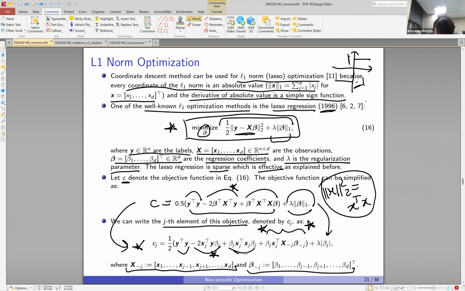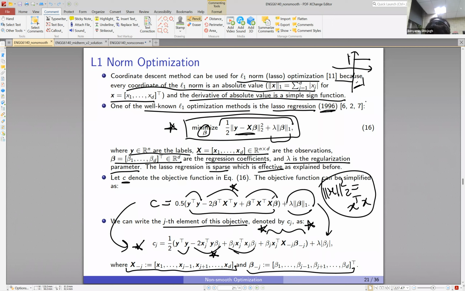This term, if you consider the jth element, we can consider the jth element of x here and also of the second x. So we'll have this quadratic form, beta j x j transpose x j beta j. We can also consider the jth element of one of them and the rest of the elements in the other one.